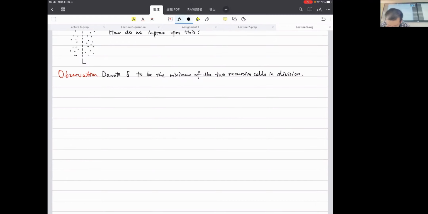Then you only need to consider those points within delta of the line L. And I think we call this the delta strip.